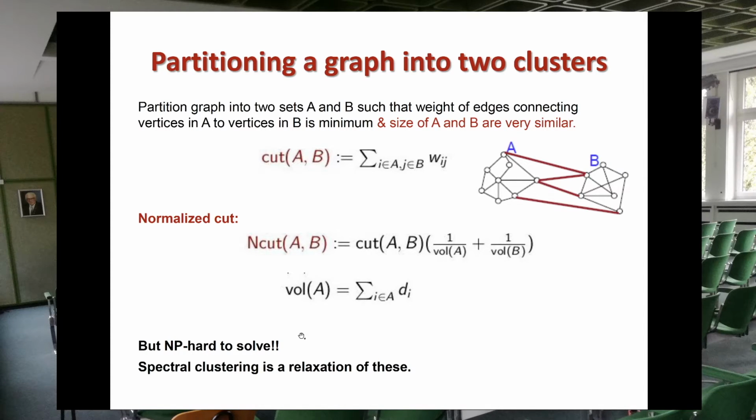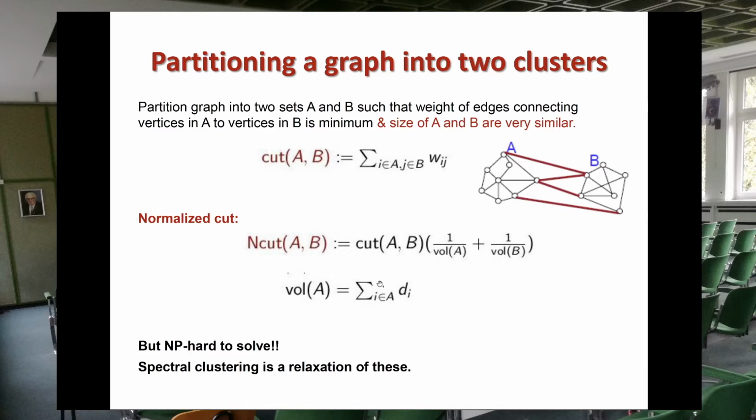So solving the problem using the normalized cut is NP hard. So if you want to solve it exactly, this problem is very difficult. But with spectral clustering, we are going to solve a relaxed version of this NP hard problem. So we can get an approximation of the solution that is actually very good for our final goal.